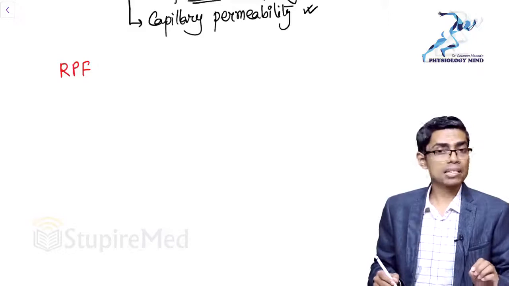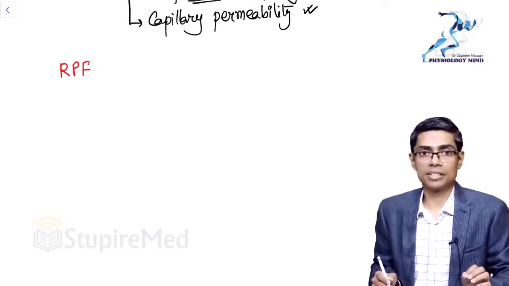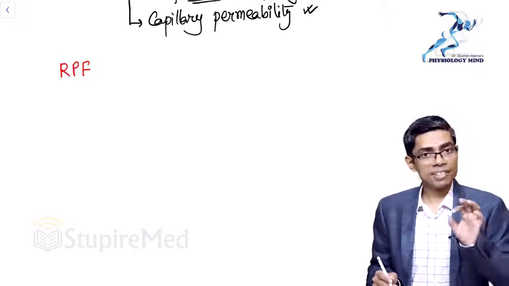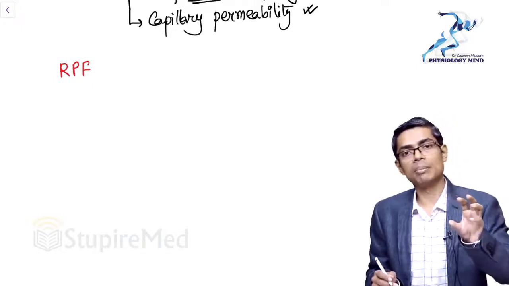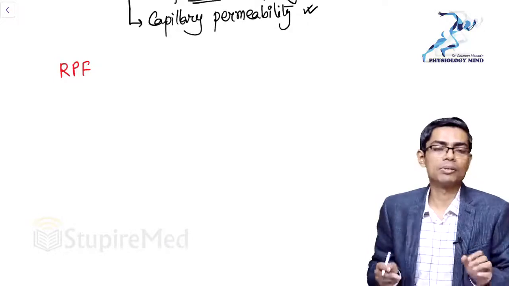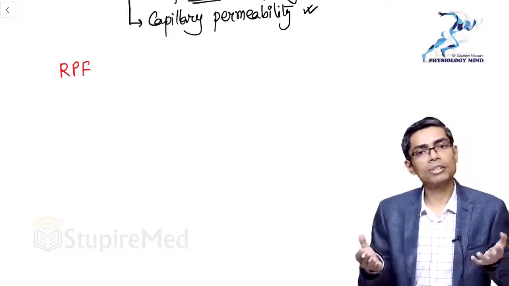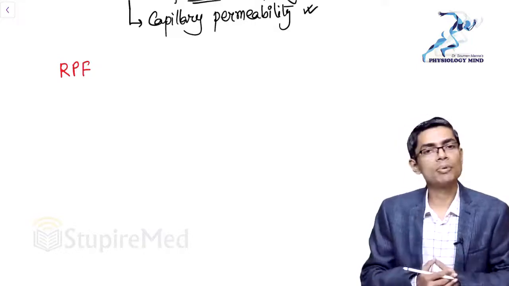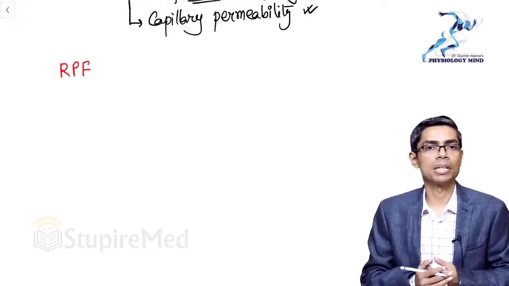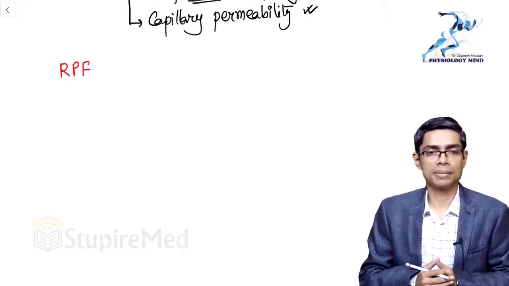But renal plasma flow is more important for filtration, because in filtration the cellular components of the blood have no role, because we know RBC, WBC are not going to be filtered. So what is important for filtration? Plasma. That's why you are more interested in renal plasma flow during discussion of GFR.